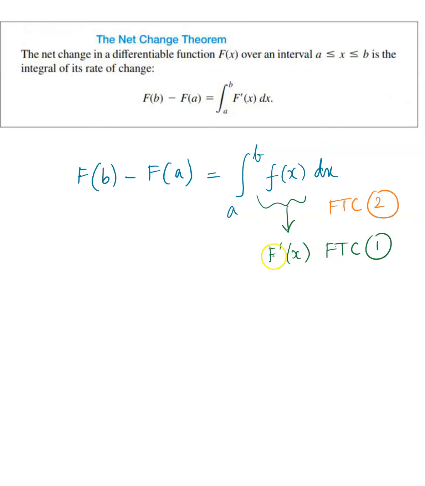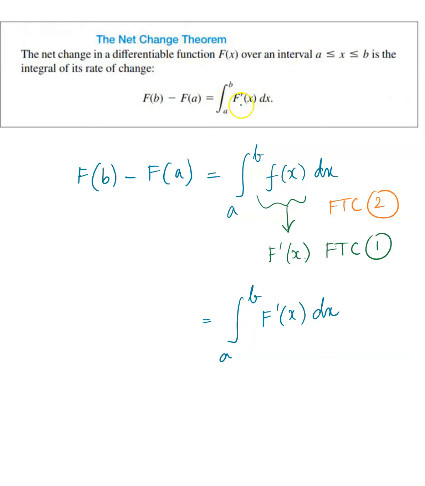FTC1 said the derivative of capital F of x was small f of x. You can actually go back, pause the video and go back to it and reference it, or look at the ebook for a quick reference. So what that means is then I will replace my f of x with the capital F prime of x dx, and that is your net change theorem.